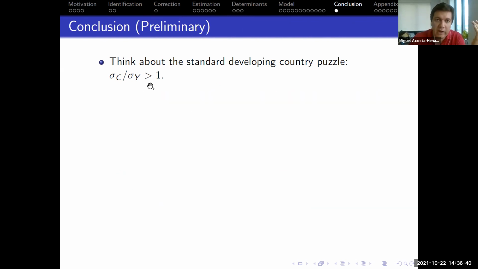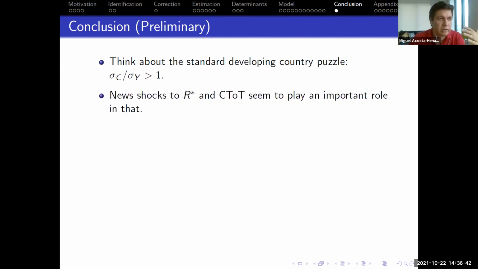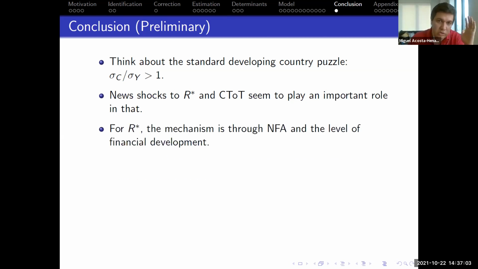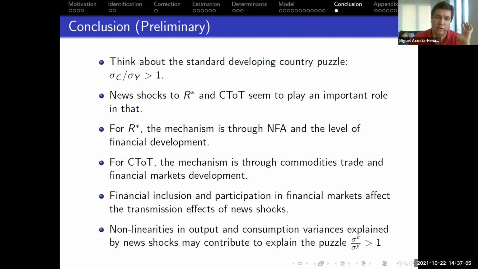The channel behind that is that obviously, if you have more access to financial markets, you have more access to consumption smoothing. But aside from that is how many households can participate in standard borrowing and capital accumulation, and how much access you have to hedging your commodity prices in an environment where otherwise they are really volatile, which is what typically happens in commodity markets.